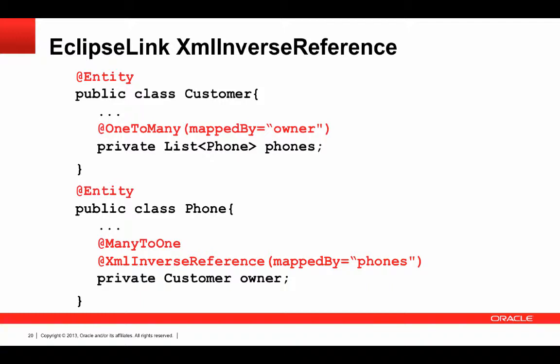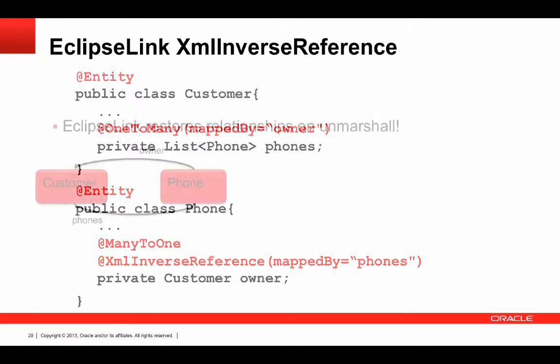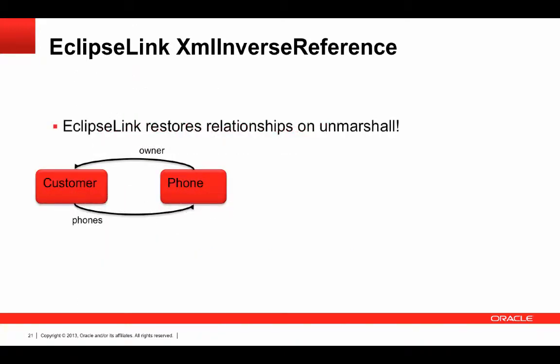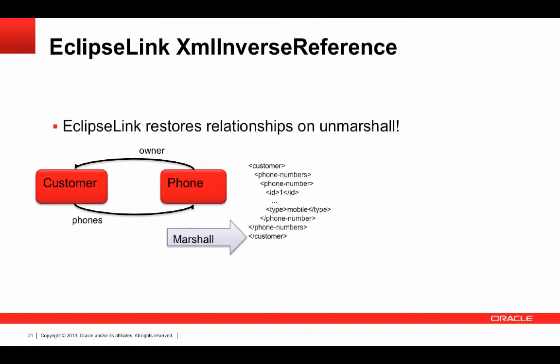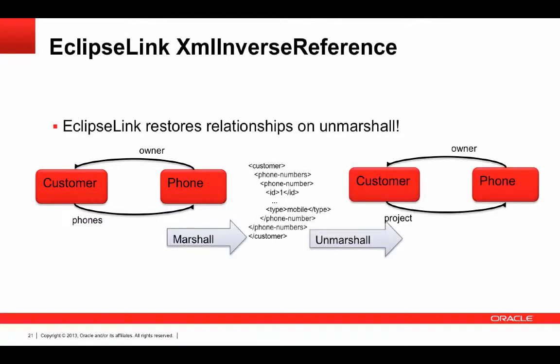So when we populate that phone relationship, we can go through and set the customer relationship within the object model. So here I have my same object structure, I marshal it out, and with that configuration I get the full object model back. Now this may seem trivial, but losing data when you're going out to XML, sending it out to the client, it modifies and sends it back is very problematic.